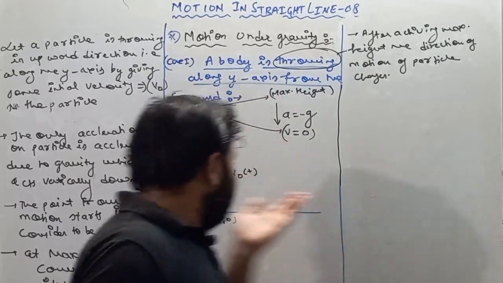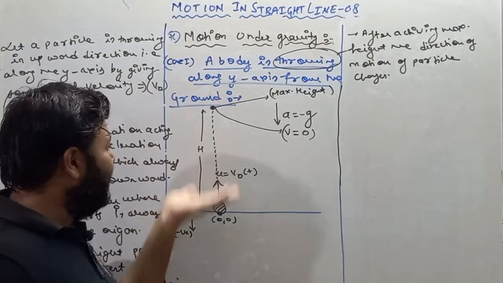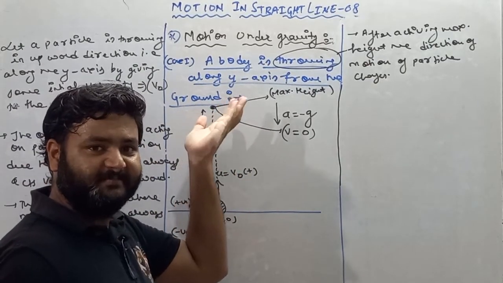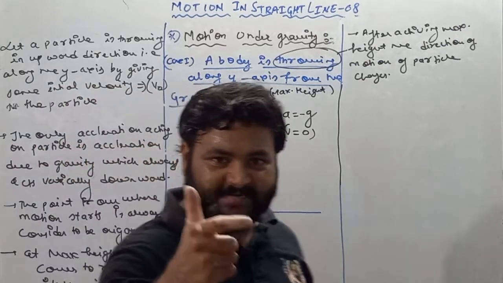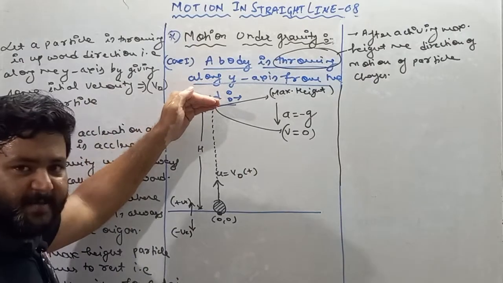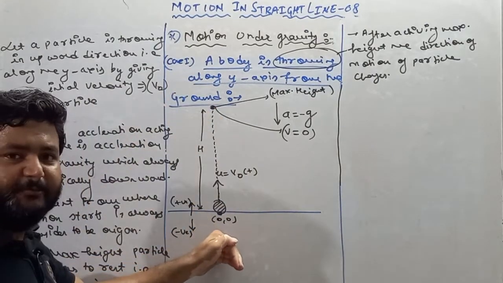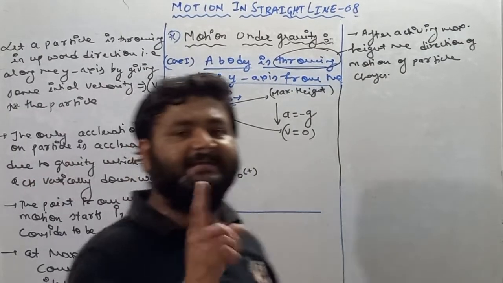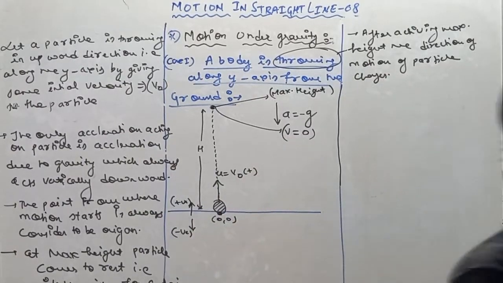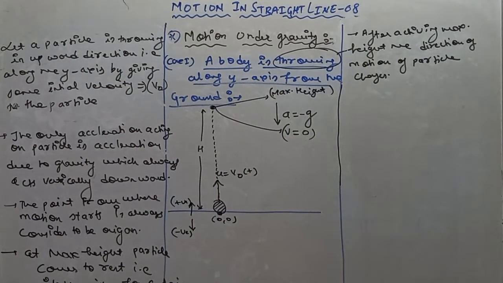Remember this thing, in half of the motion when the particle is moving in the upward direction, the direction of velocity and acceleration is different. After achieving maximum height, the particle comes towards the ground again. In that situation, the direction of velocity and acceleration is the same. So remember this thing. This is how motion under gravity is explained, my dear student.